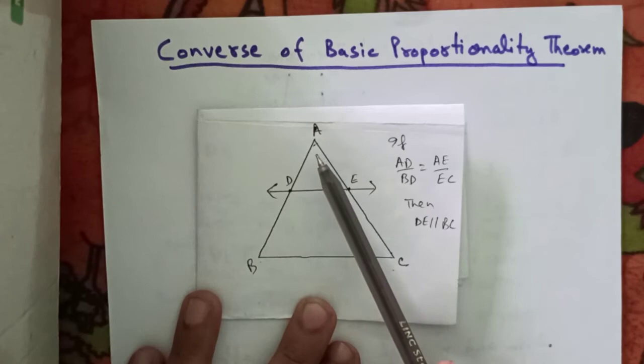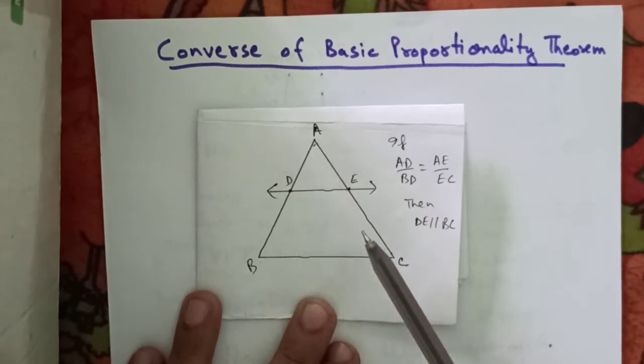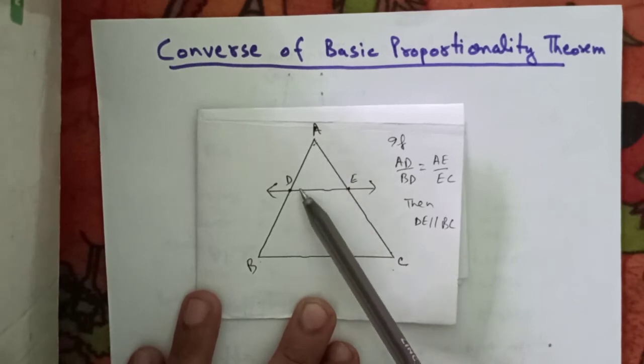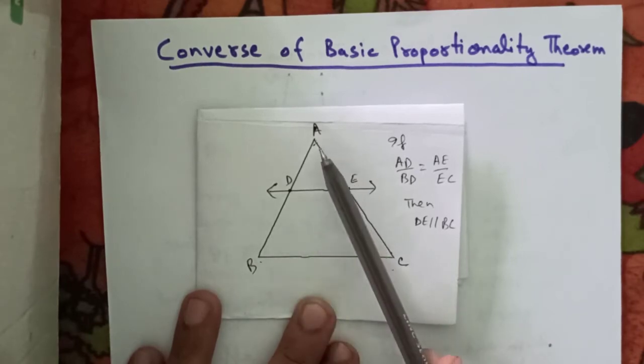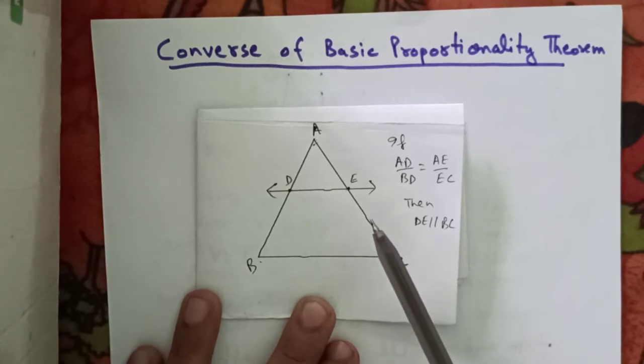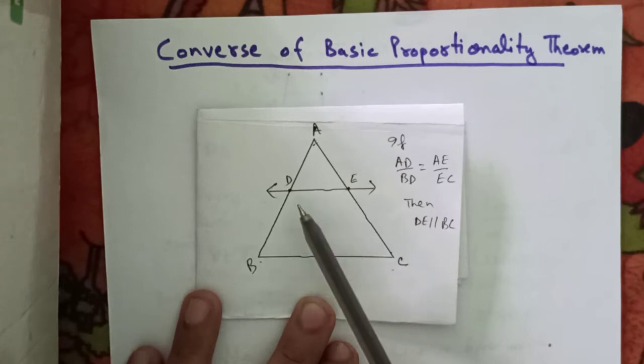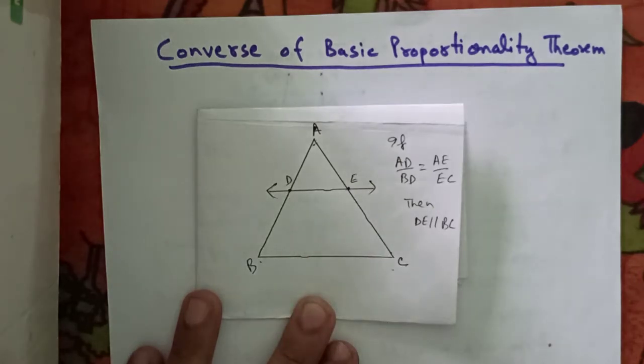So the ratio in which DE divides AB and AC is the same. That means AD upon BD is equal to AE upon EC. Then, according to the converse of BPT or the converse of Thales theorem, DE will be parallel to BC. Hope you have understood the theorem.